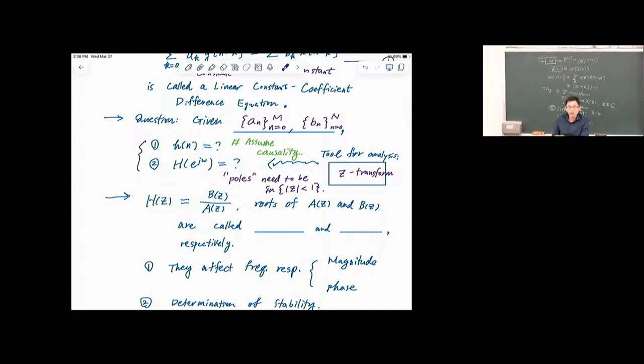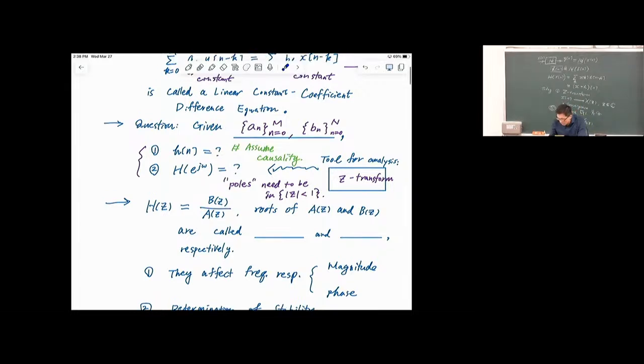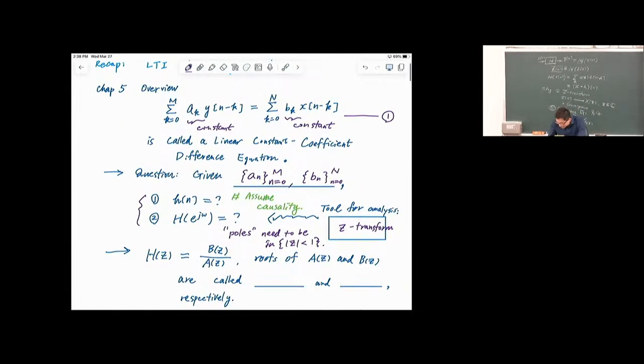Turns out that for any difference equation, like in equation 1, H of z can be written in this very useful form, B of z divided by A of z. This is super important, for difference equations only. Once we concentrate on difference equations, then we can write H of z as B divided by A, where B and A are both polynomials, 多项式.